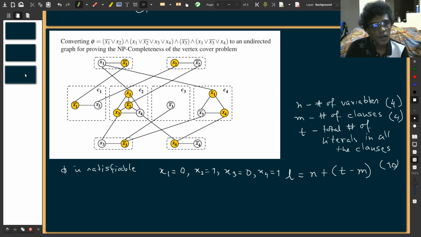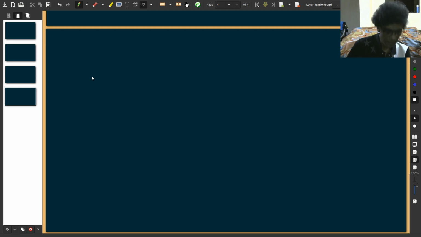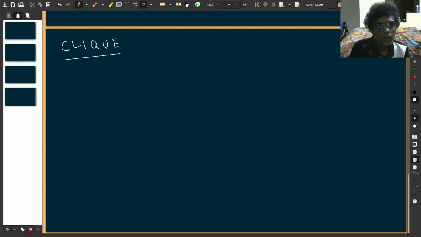Okay, so let us look at yet another such example. Let us look at the Clique problem. So once again you are given a graph G equal to (V, E), undirected.